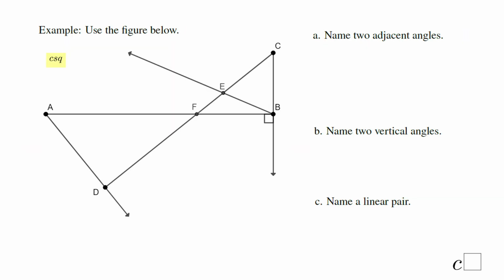So let's take a look at this first example, and I need to name two adjacent angles. We have plenty of choices here. Let me start with these two angles.